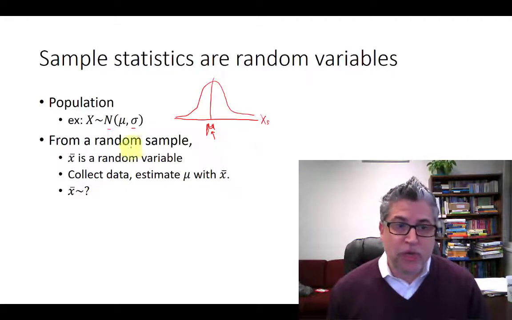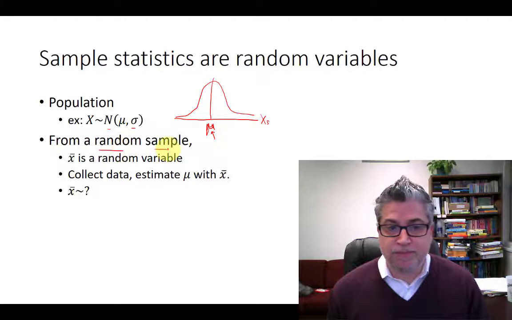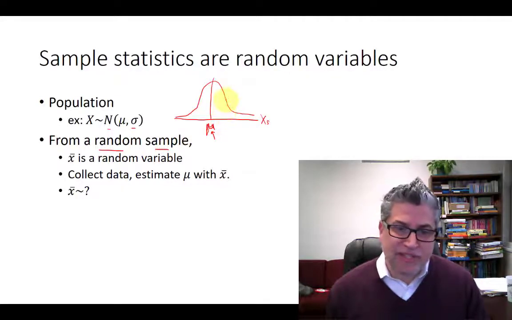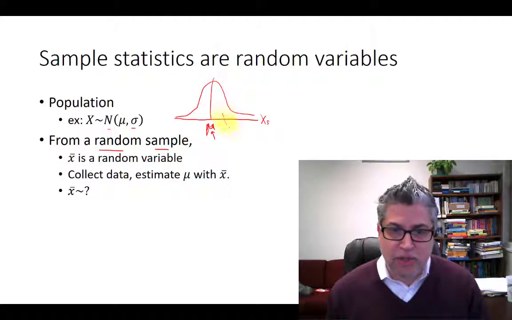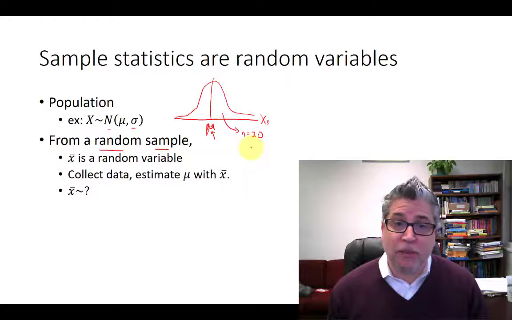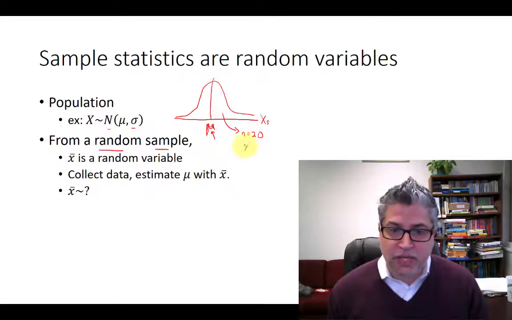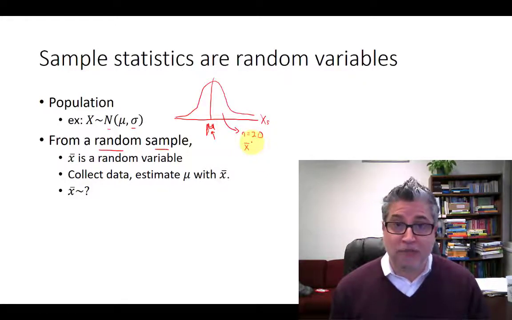So what do you do? You take a random sample. In other words, out of this population, you draw a sample of, let's say, 20 people. And you ask them what their income is, and you get a particular sample average, X bar.